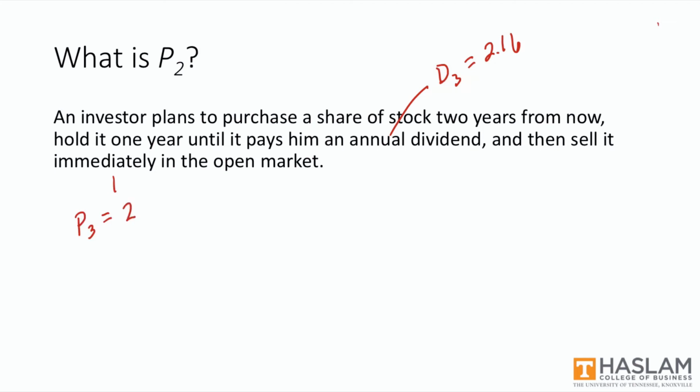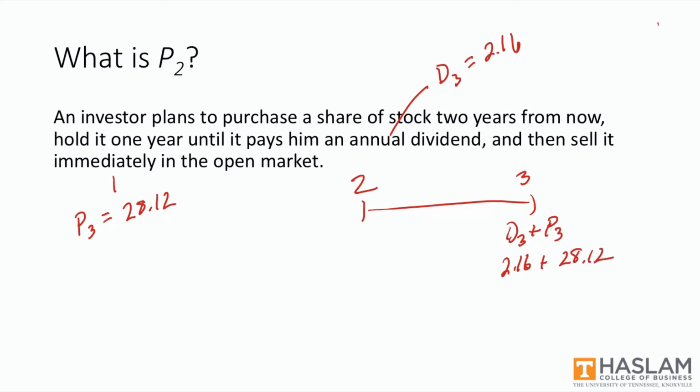We'll make that $28.12. And so once again, we have a one-period timeline. We're just talking about different dates. And so we've got period 2 to period 3. Here we've got a D3 and P3, which are 2.16 and 28.12. Solving for V2, we have D3 plus P3 in the numerator, 1 plus K in the denominator.